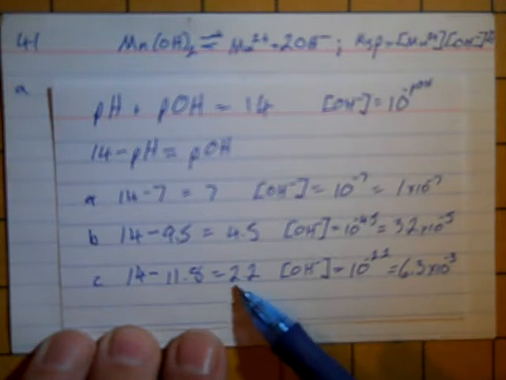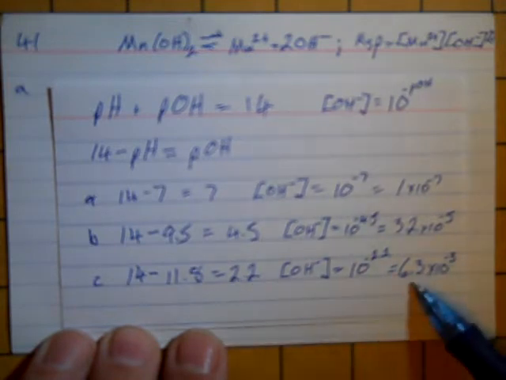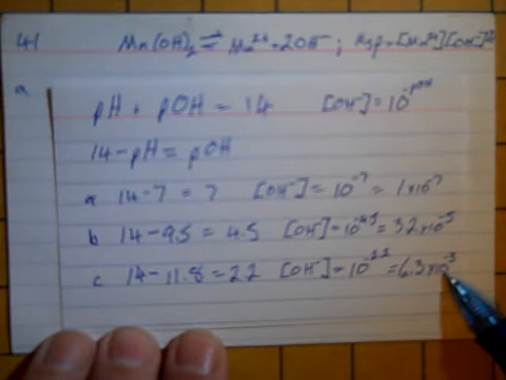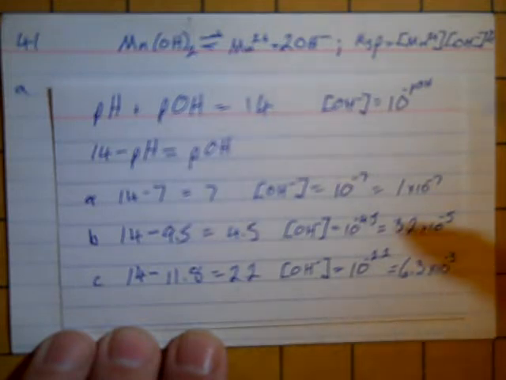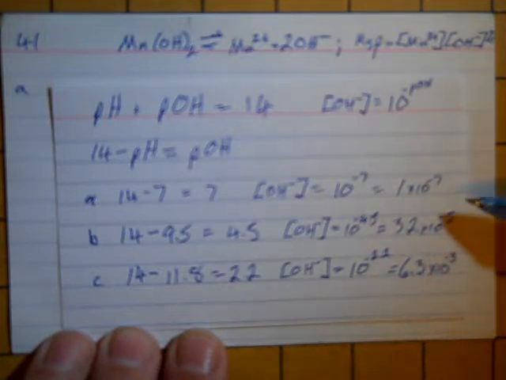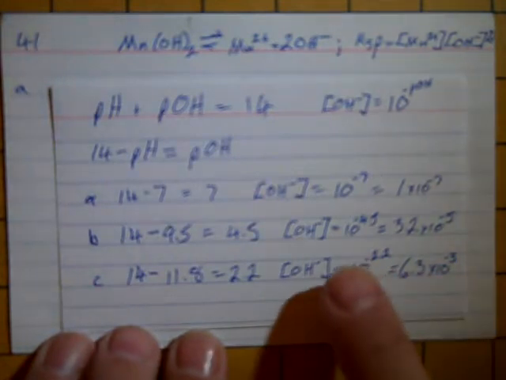And for C, 2.2, and the concentration is 6.3 times 10 to the negative 3. What you can see here is that from A to B to C, the concentration of hydroxide is increasing. It's going up every time. So we can expect our solubility to go down because the amount of a common ion is larger in every single instance.